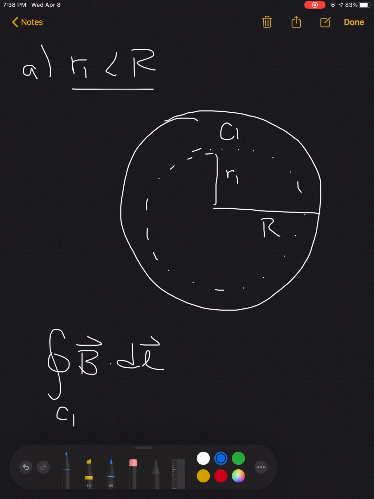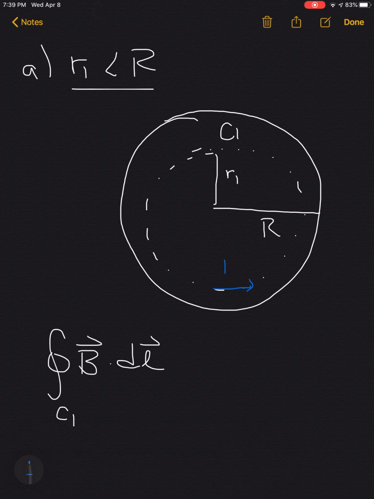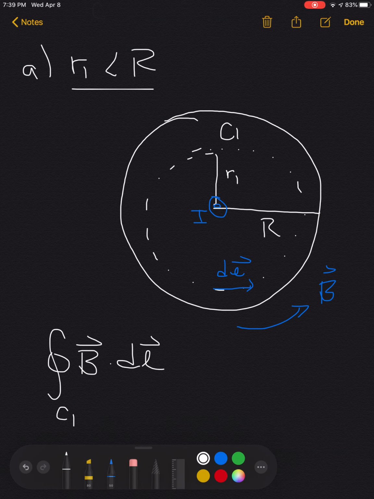In this case, let's imagine that we are going around this circle in a counterclockwise fashion. We've got that dl is going to be pointing like this. And if the current is coming out of the page like this, let's say that the B field is also going around like so. Essentially what that means is that the B field and dl are both aligned with each other.